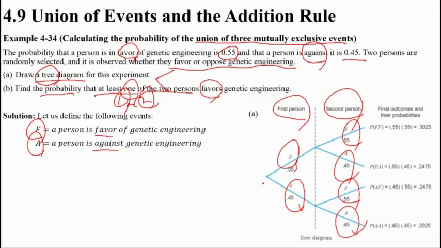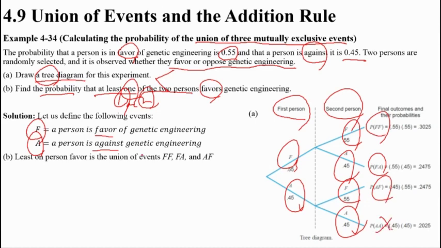But the second question asks about at least one, so it can be 2 or 1, where 1 is nothing, so it will be FF, FA, AF, right? So one person will be that way.